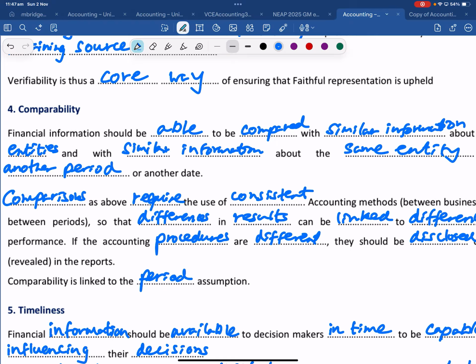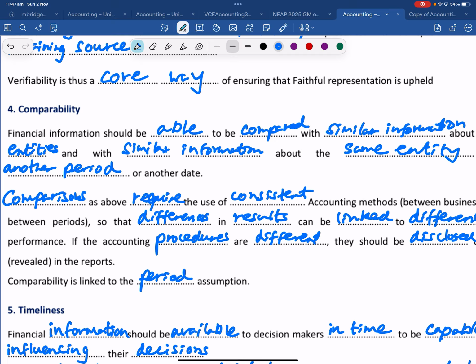When we have the same rules, we can compare the results. Last time this was our score, this time this is the score. If we have changed the rules, we can't do that.